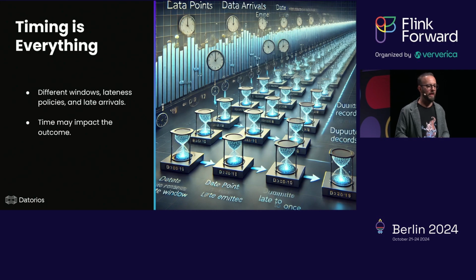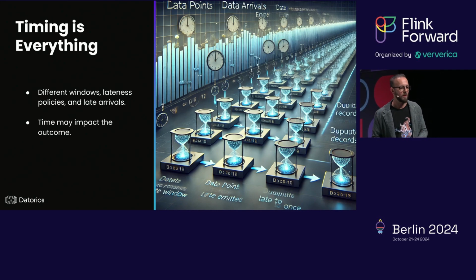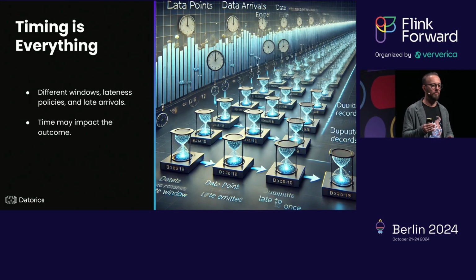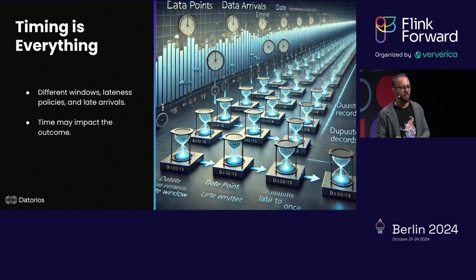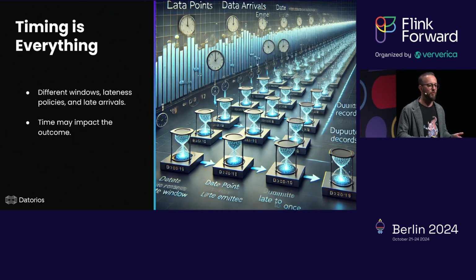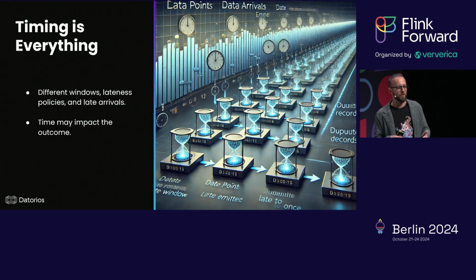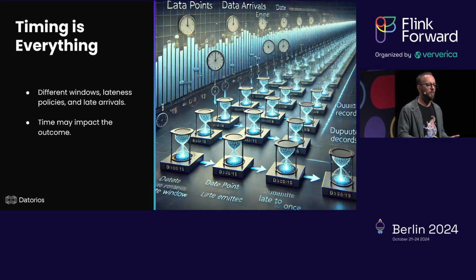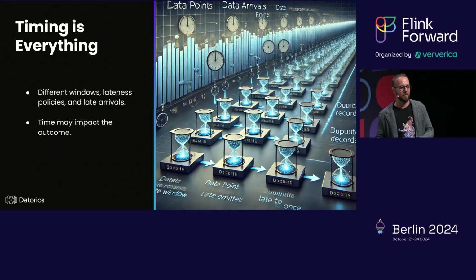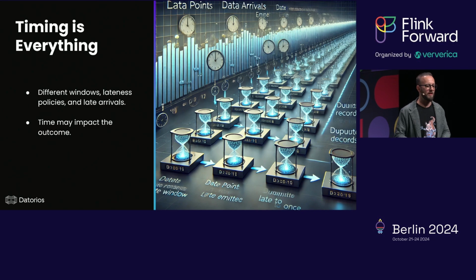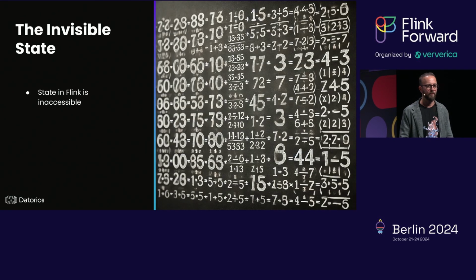A record could end up in a different window, be ignored due to latency policies, or be counted as a late arrival, which might trigger additional actions and consume more resources. This can even lead to a different final result. So without reproducing the exact timing, it's tough to understand what really went wrong.